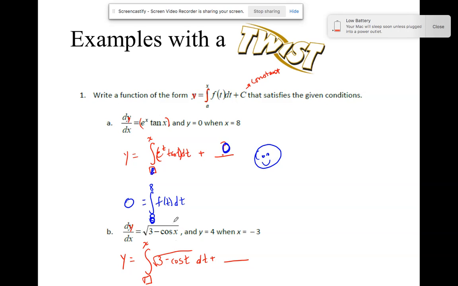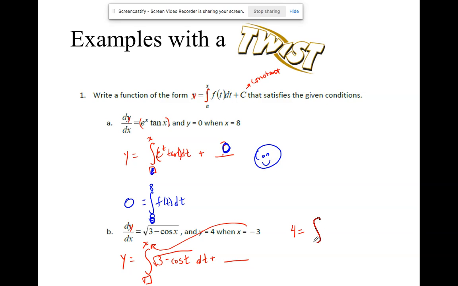But I do know that when I put in -3 for x, they want y to be 4. So in other words, they want that to be equal to 4. Oh, plus something though, right?